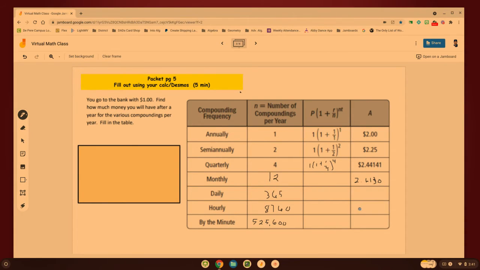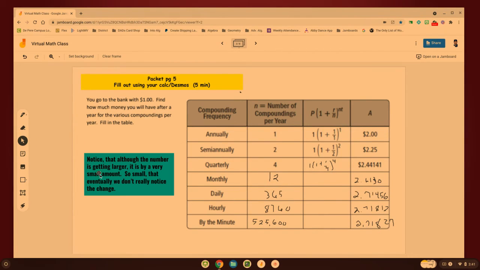Then we're going to get $2.71456. Then all of a sudden we get 2.71812. And then we get almost the same thing here, 2.71827.